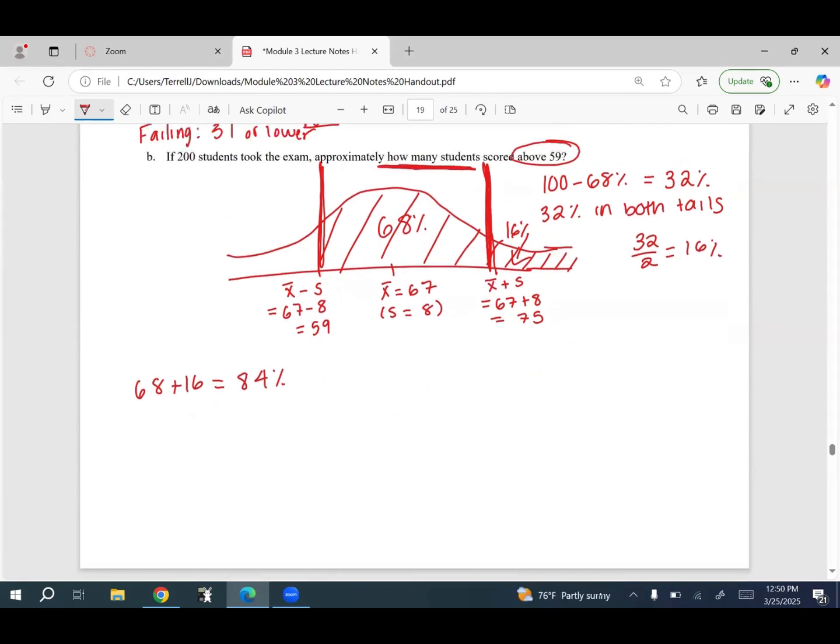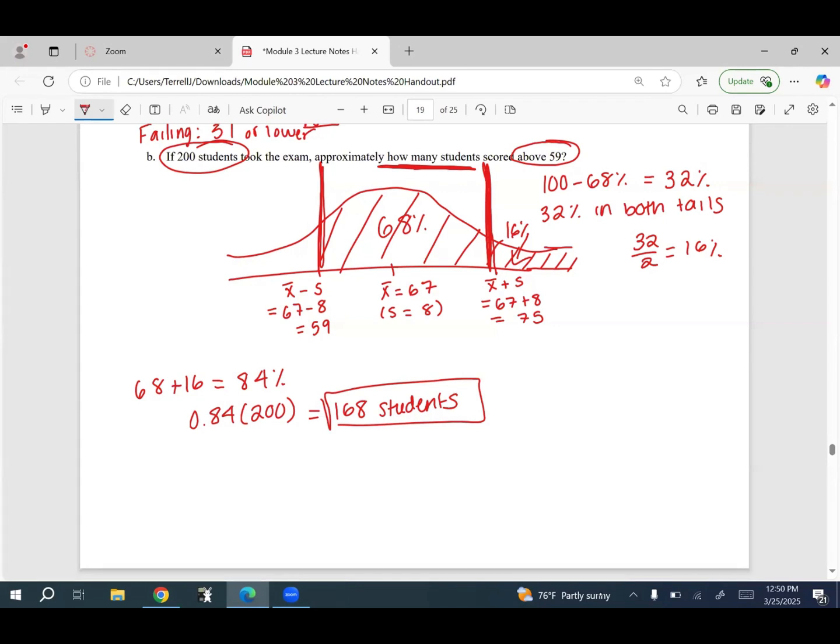Figure out how many students, if there are a total of 200 students, we would do what is 84% of 200, which is 0.84 times 200. That gives me 168 students. You have to pay attention to the question here. They didn't ask for what percentage.